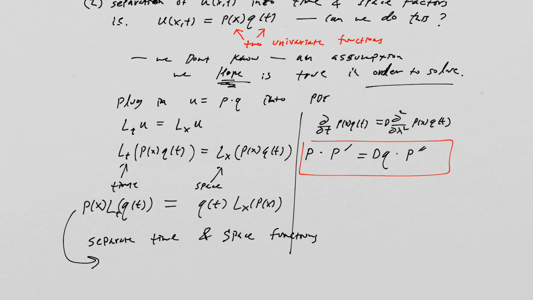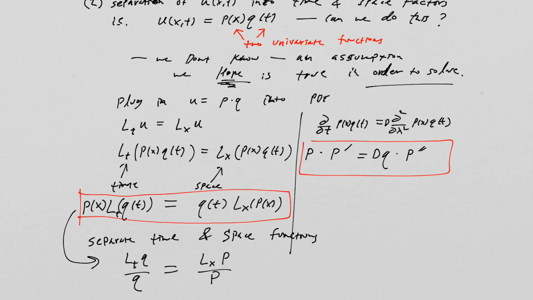So we're going to get LT of Q over Q is equal to Lx of P over P. So what we did is we just divided this equation by P and Q to get it separated in this form. So in this case, everything on the left-hand side depends only on time, and everything on the right-hand side depends only on space.